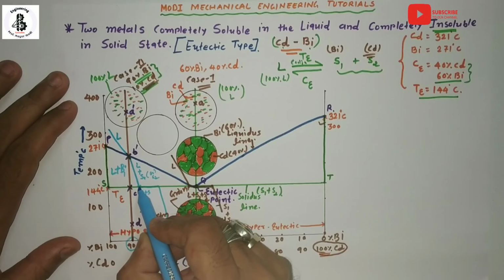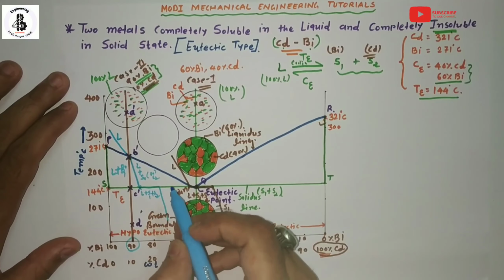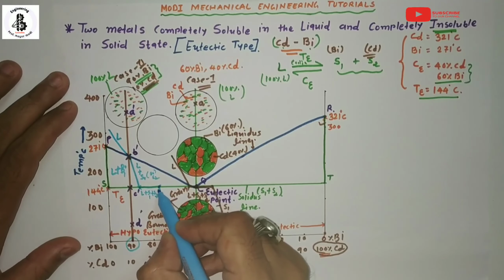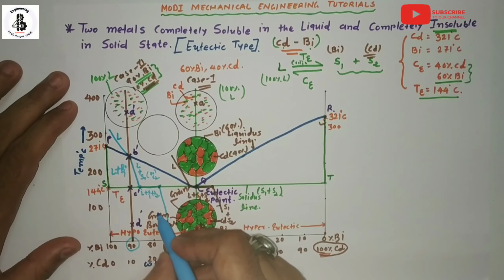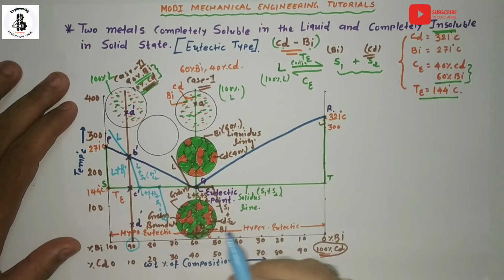After these points it will be liquid plus S1 plus S2. Up to this point is the end of the solidification process. After this it forms the two different solids, so here S1 plus S2.